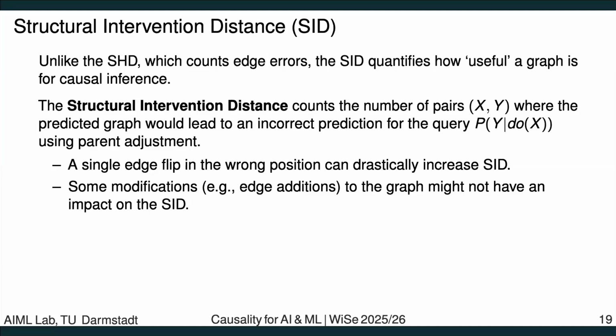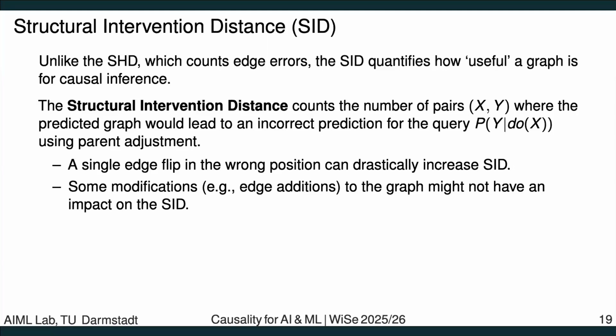So basically it measures how many of these queries I would get wrong if I had errors in my graph. And some modifications in the graph, for example edge additions, might not have an impact on the SID, which basically means for some of these queries, if I add edges, then this quantity would still be correct, because maybe I'm not introducing new confounders.